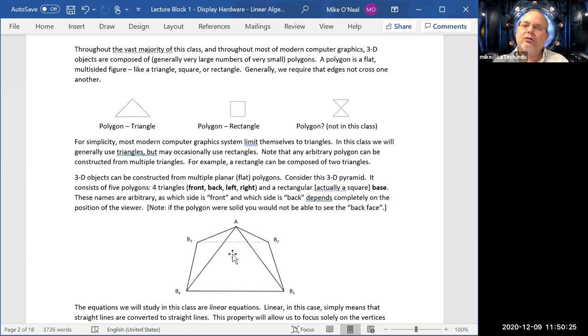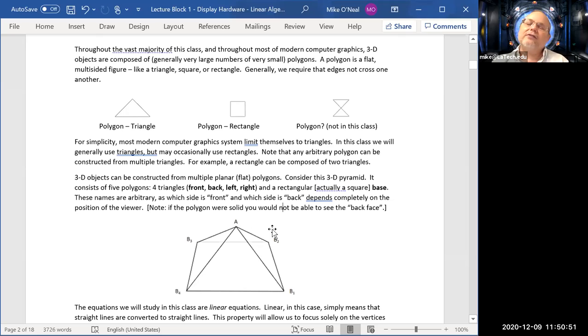Because we normally don't see the back of an object. If we were looking at this in the real world, this line here would not be drawn. And in fact, drawing it makes it hard for some people to see that this is a pyramid, right? So in backface culling, you would not draw the back face.